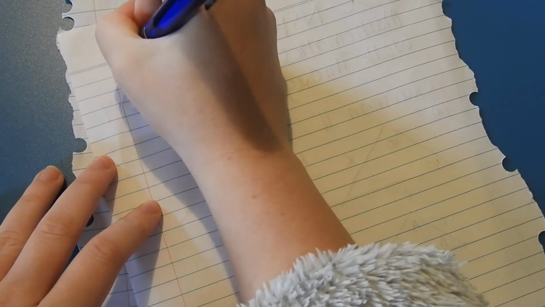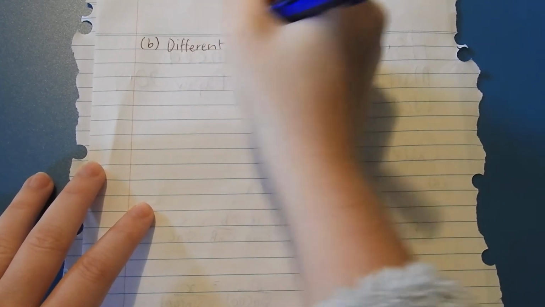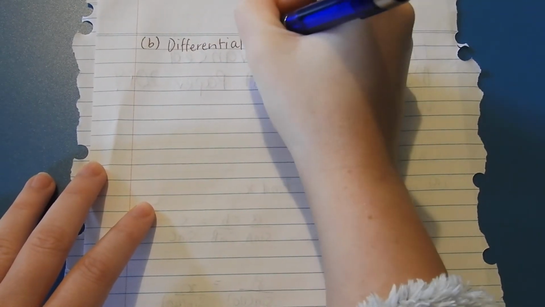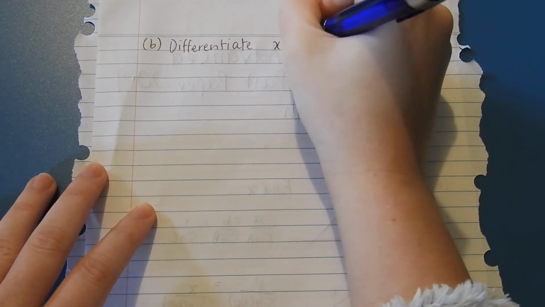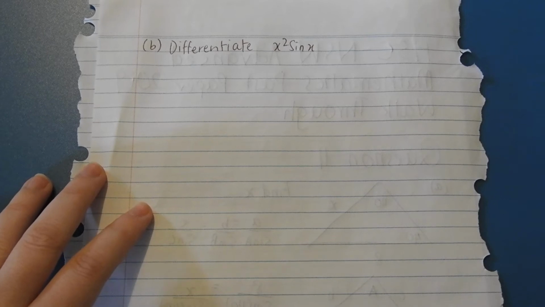Alrighty, part B. Differentiate x squared sine x.